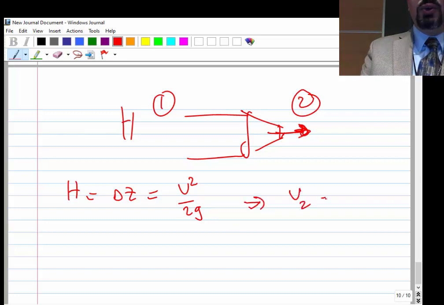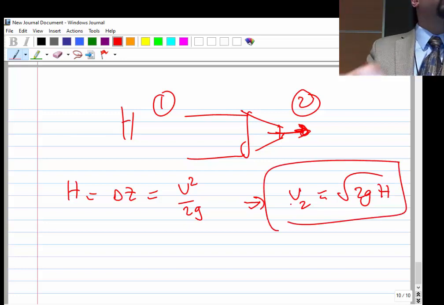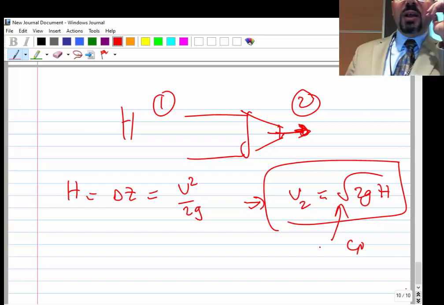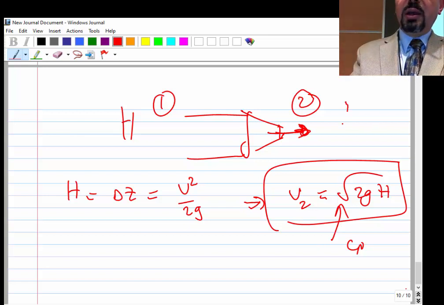So that V2 is going to be the square root of 2gH, ideally, without any losses or nozzle coefficient. So ideally you can apply Bernoulli between the H and atmosphere, velocity is 0 and velocity is V2 without any losses, you get square root of 2gH, where H is the head of the dam.